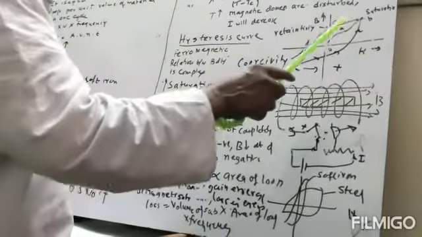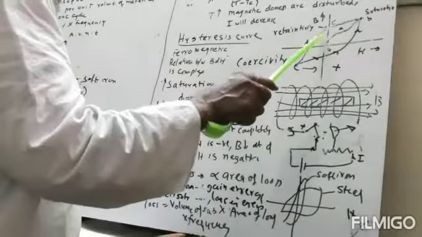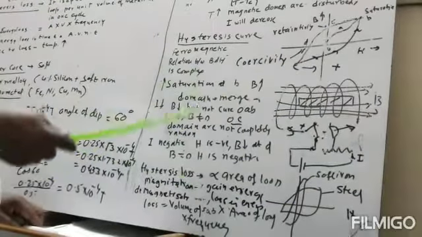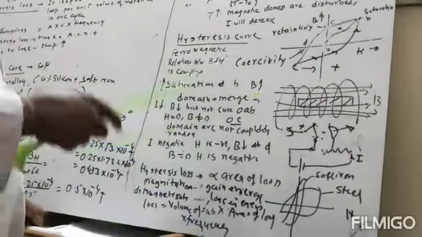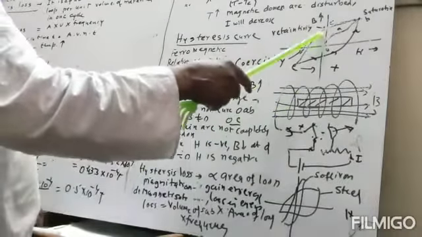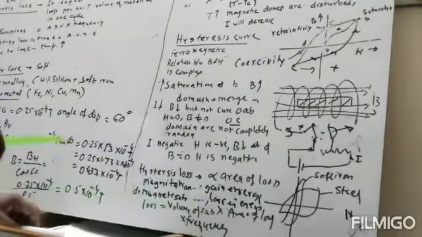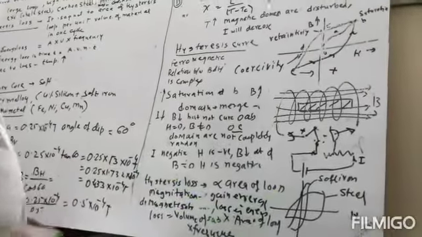And in the hysteresis cycle, what will happen? There will be two functions. One is magnetization increases, means it is magnetized. When it is magnetized, in that case it will absorb energy from the source, and when it is demagnetized, then it will leave the energy, or the energy will be decreased.